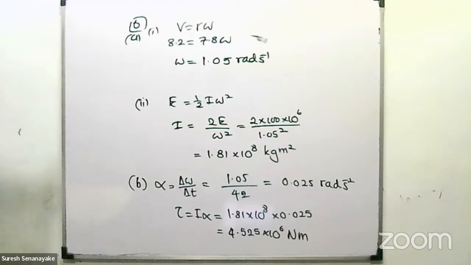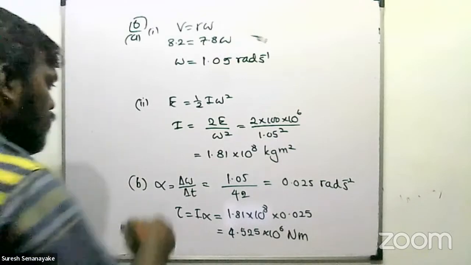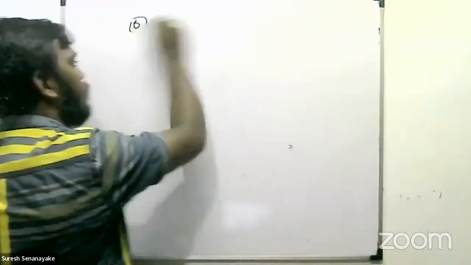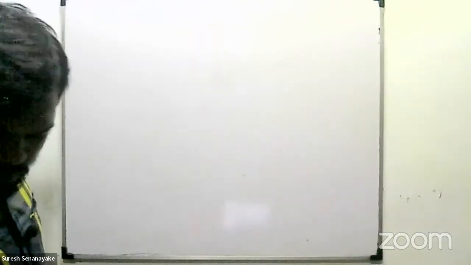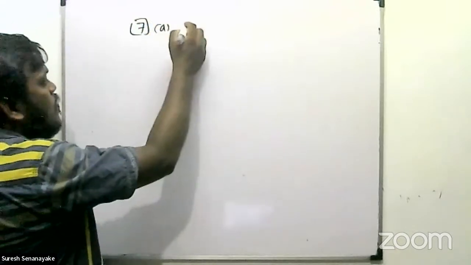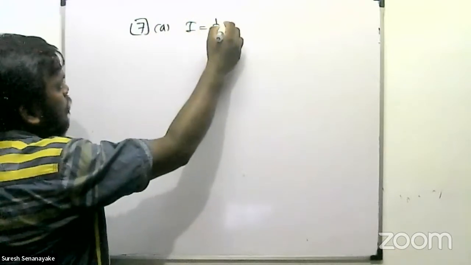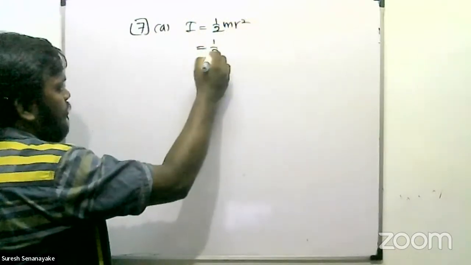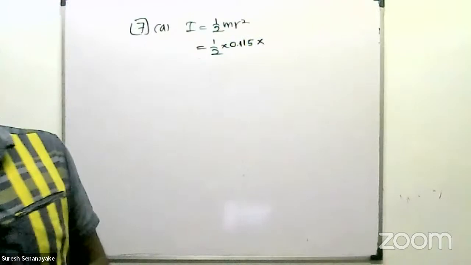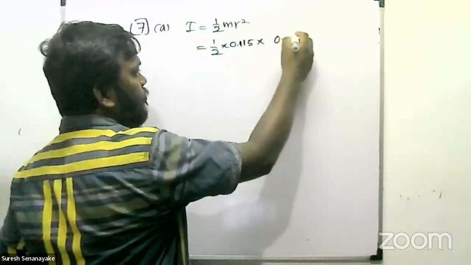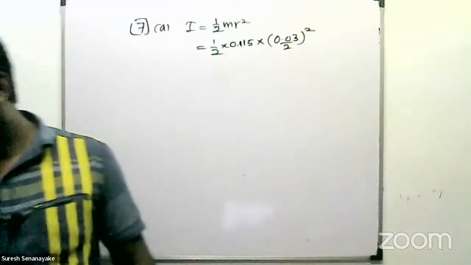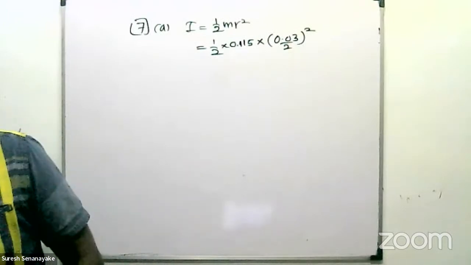the moment of inertia is given by half m r squared. For the cylinder, that's half times 0.115 times r squared, where r is 0.015, half the diameter they gave. So the radius is half of that.